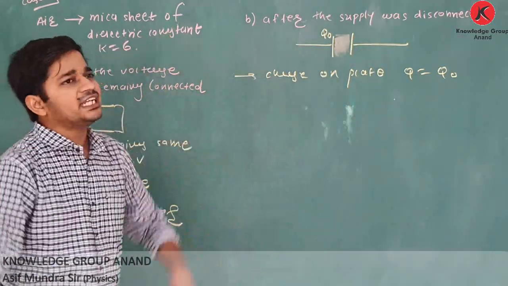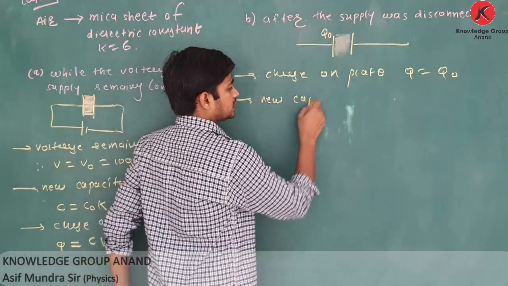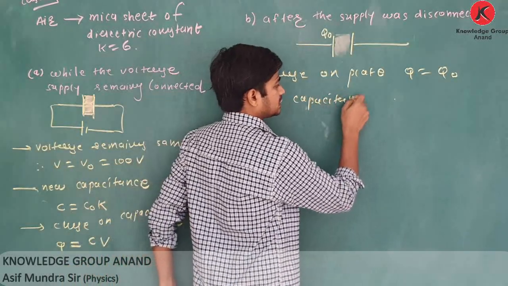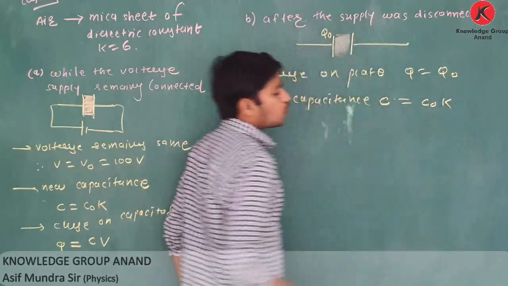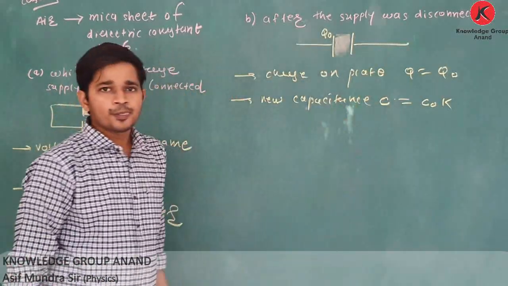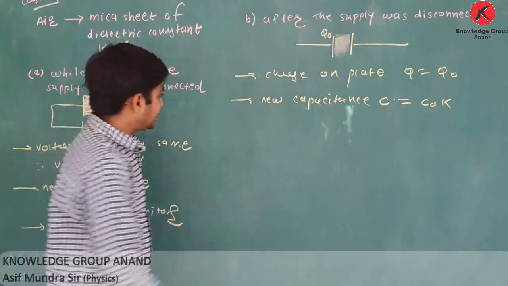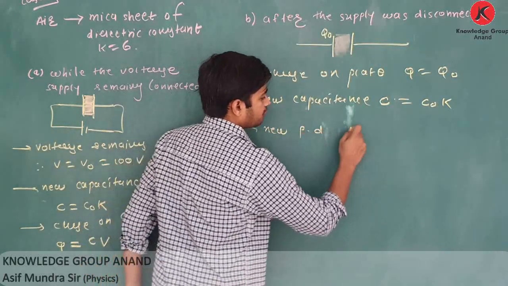Yes, medium is changed, so capacitance is changed. What is the new capacitance? New capacitance C is equal to KC0. You have the value of C0 and you know K. Now how to find potential? Yes, you can find potential. What is the new potential difference V?